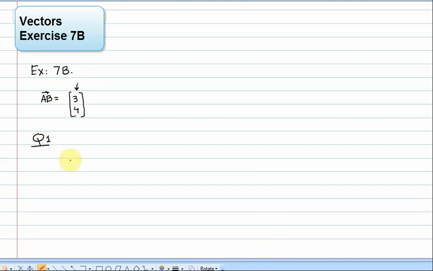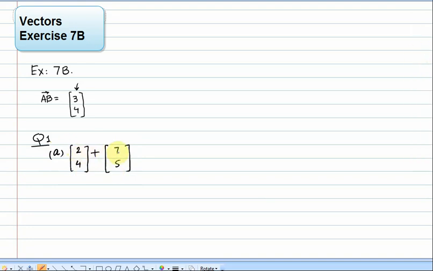The question says simplify the following, and the first part is (2, 4) plus (7, 5). Now you need to add them together. Adding column vectors is very simple.